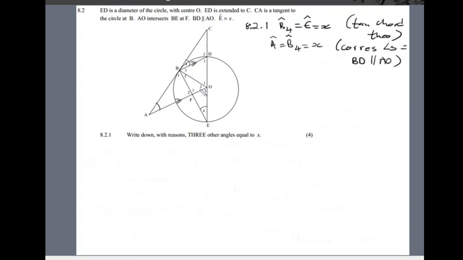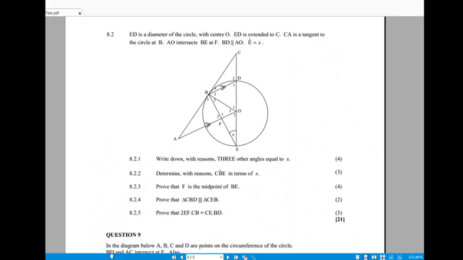So now I have 2 angles which are equal to x. I can also see that B2 and E are equal because they are opposite equal sides, opposite radii, right? So B2 is equal to E is equal to x, angles opposite radii. And then I have 3 angles which are equal to x, and it's totally 4 marks.